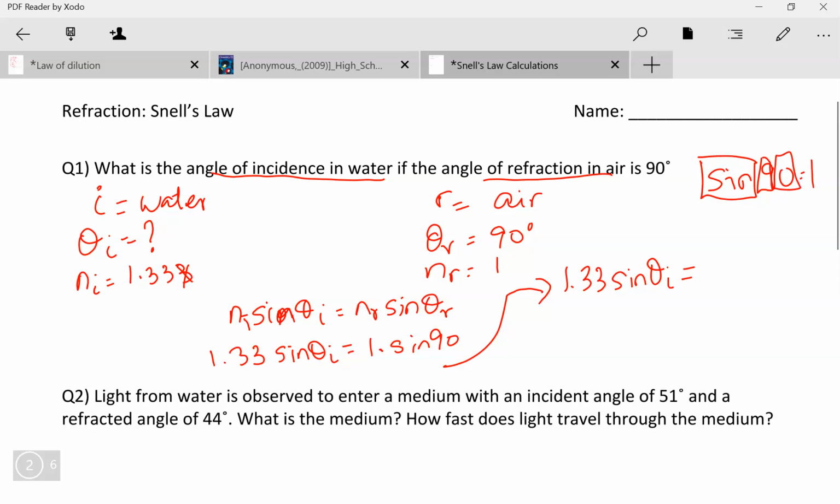If I want to include all of this in one calculation, I can just do 1 times sine 90, and the calculator will do that multiplication as well and give me 1 as the answer, because sine 90 happens to be equal to 1. Now, here's the important part. I have to isolate for theta I.